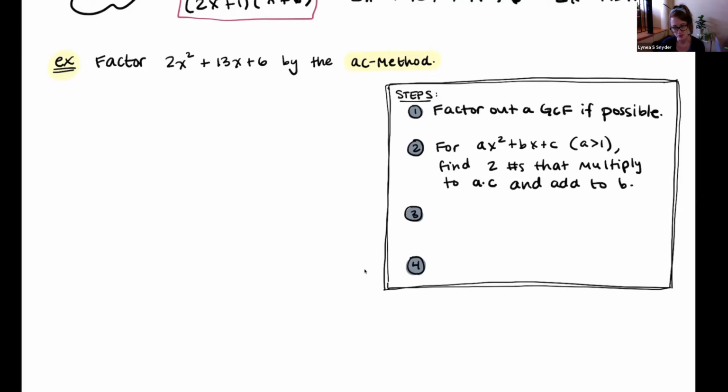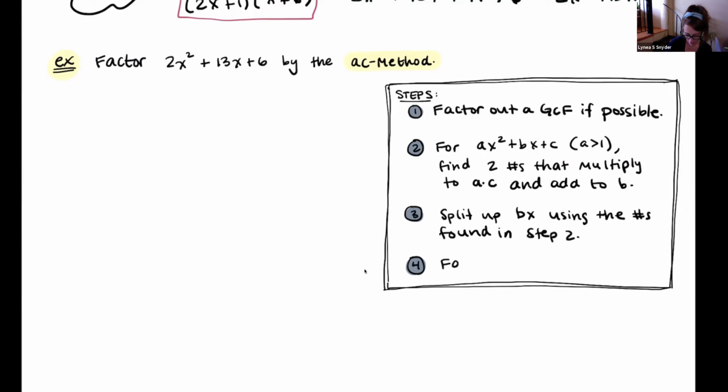Then there's one little extra step here. It's not just write those numbers down, like we did with reverse foiling. Then you need to split up the middle term, the bx term, using the numbers found in step 2, and then you factor by grouping.